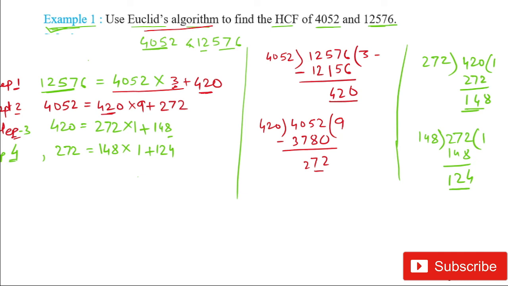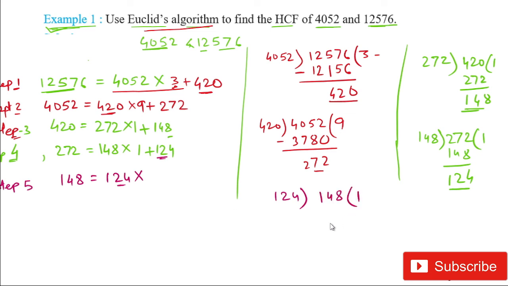And now step 5. We'll write step 5 here. Again, the dividend will be 148 is equal to the divisor 124, the remainder will be the divisor. So the quotient we'll find here: 124 dividing 148.